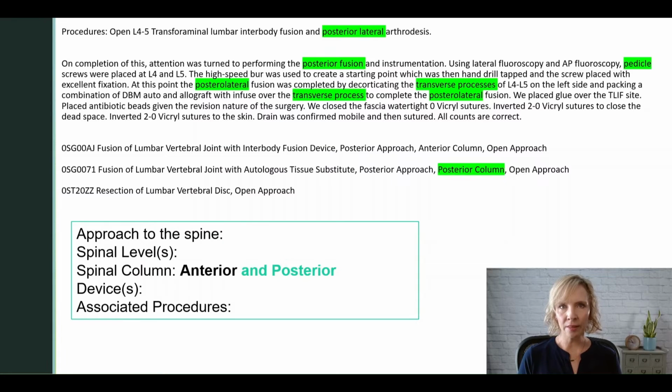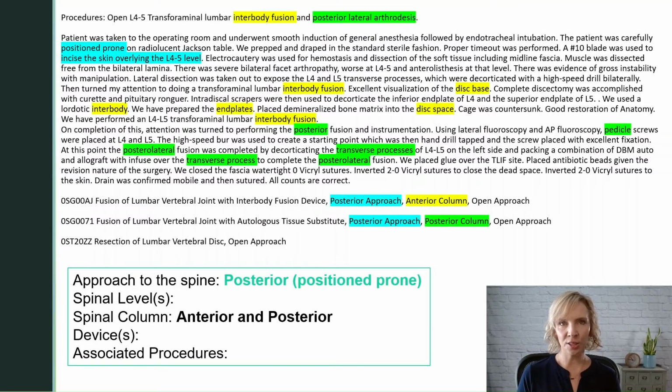After confirming the fusion of both the anterior and posterior spine, we know that we'll need at least 2 codes to capture this procedure. However, we do still need to determine the approach, fusion device used, number of levels fused, and any additional procedures that may have been performed. Next, let's determine the approach to the spine for this procedure.